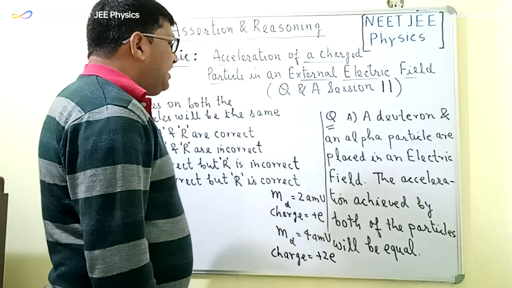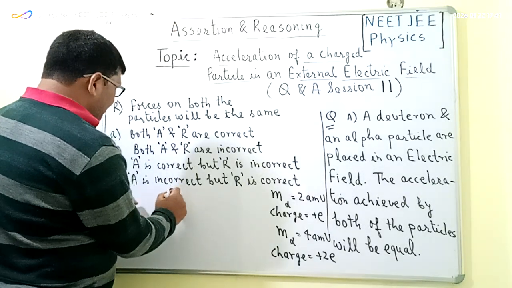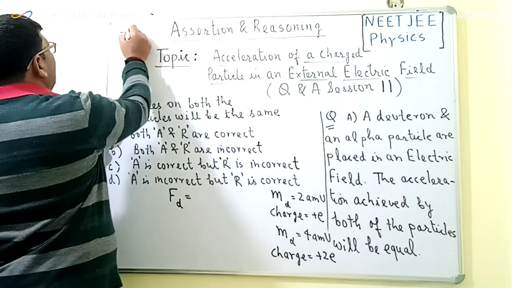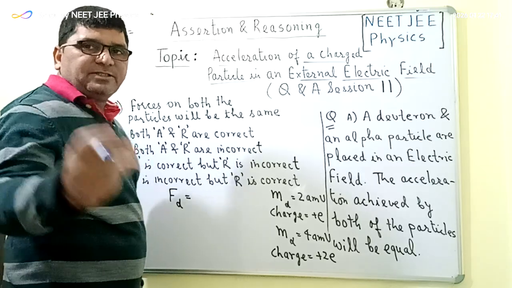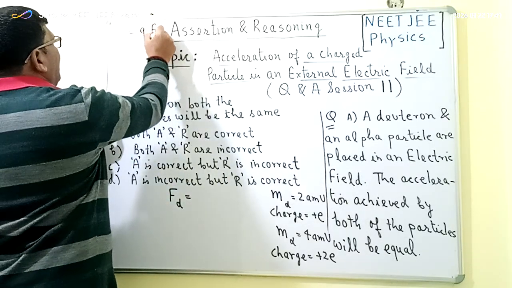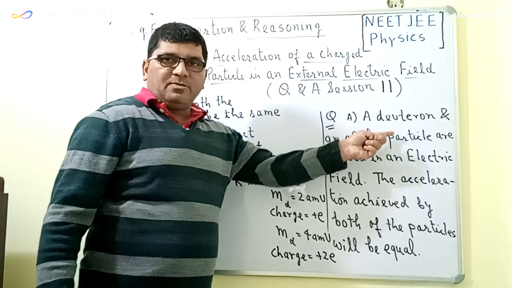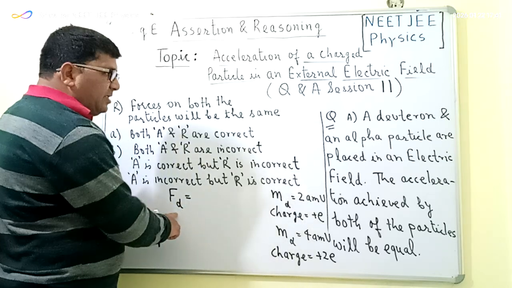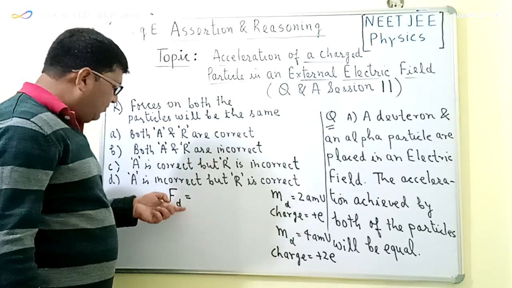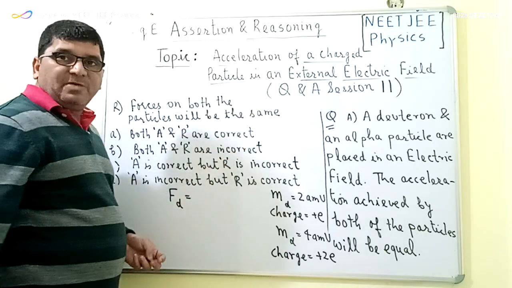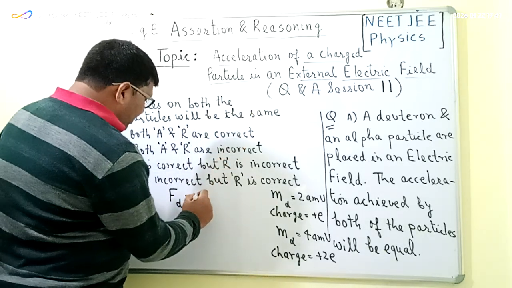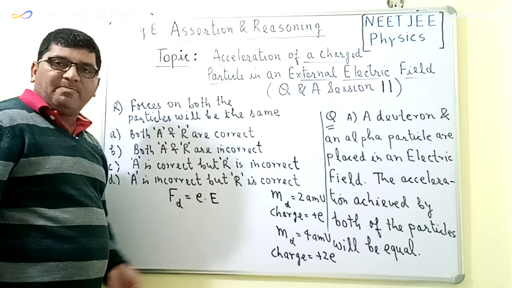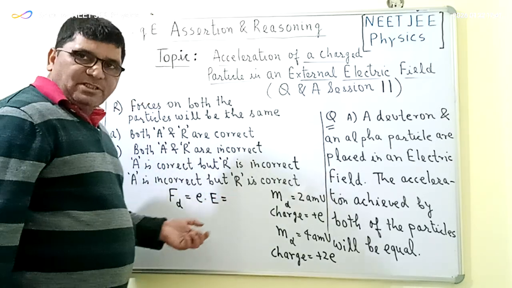Now when they are placed in an external electric field, the electrostatic force on the deuteron, let us say Fd, will be equal to the electrostatic force on a charged particle when placed in an external electric field, which is equal to Q into E. Here Fd is the electrostatic force on the deuteron, and this will be equal to e into E, considering the intensity of the electric field as capital E. So this is equal to small e multiplied by capital E, and this will be equal to mass into acceleration.